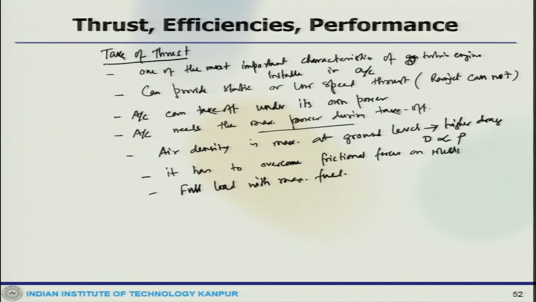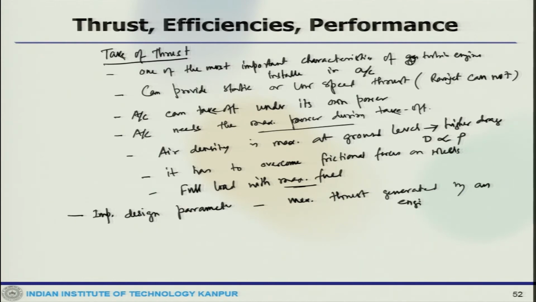That means while the aircraft is taking off, that time you have the maximum payload carrying, including the fuel weight, which is also maximum. So, this is a very important design parameter, because this is the max thrust generated by an engine, and that is what is required during takeoff.